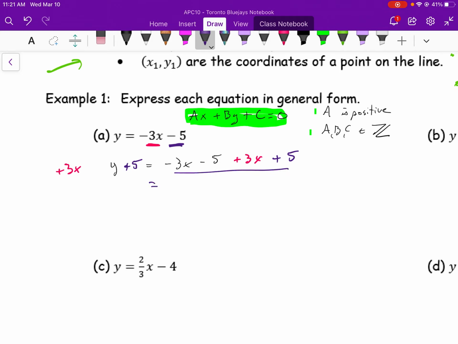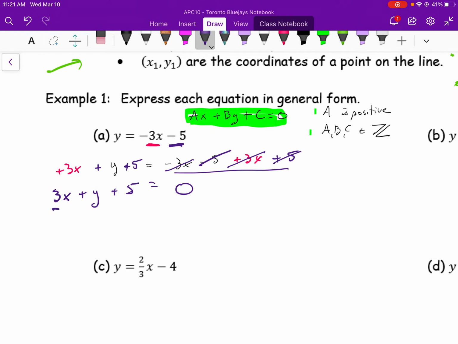Now, what is left on the right-hand side? Well, this negative 3x and positive 3x cancel out. Negative 5 plus 5 cancel each other out. And what we're left with is 0. Now, I'm going to write this as 3x plus y plus 5, and that would be this equation in general form.